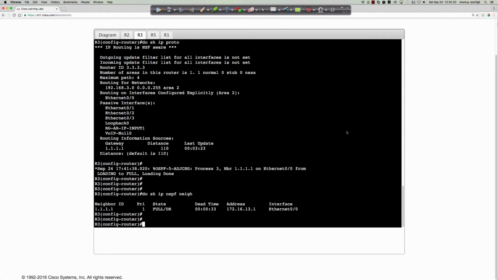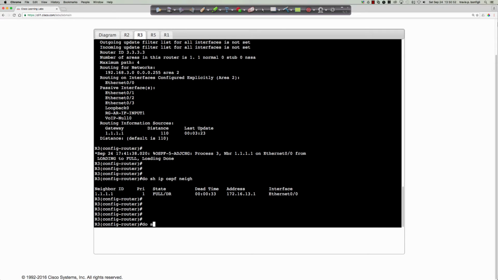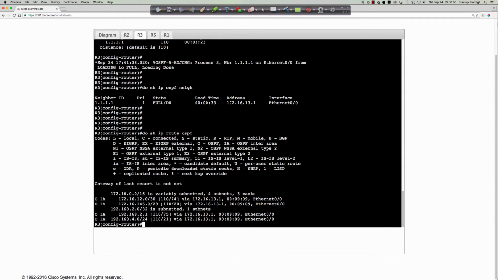If I come over to router 3, we're going to see the same thing. So we do show IP route OSPF. And for both the 192.168.2 and 4, again, router 1 is basically giving a summary. And it's not a summary in the sense of summarization, IP address summarization.